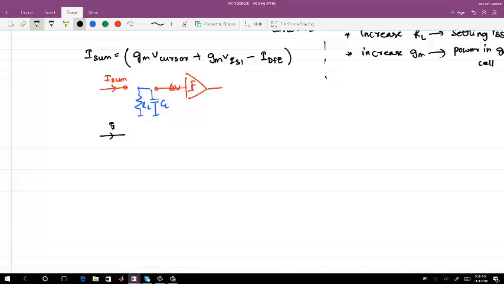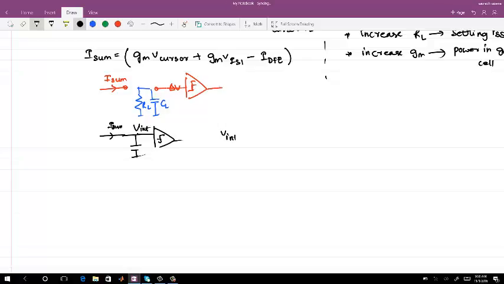I have the I sum current, I pass it through a capacitor, I wait for 1 bit period and I compare. So this is delta V. Let's say V integrated node.